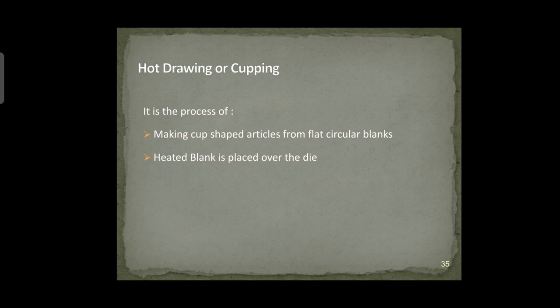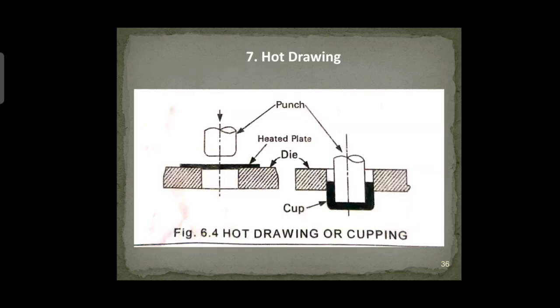That punch forces the metal through the die. On the die we are placing this heated billet, the flat circular blank. With the help of the punch forcing the metal through the die, it forms a cup shaped article. You can go through the line diagram.